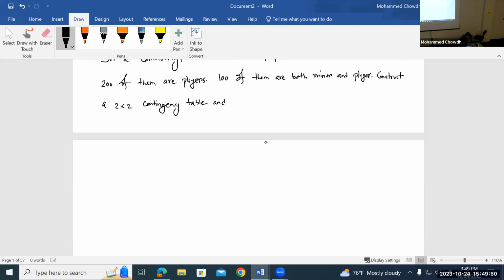Okay, so now a 2x2 contingency table. Suppose a person is selected from this community.